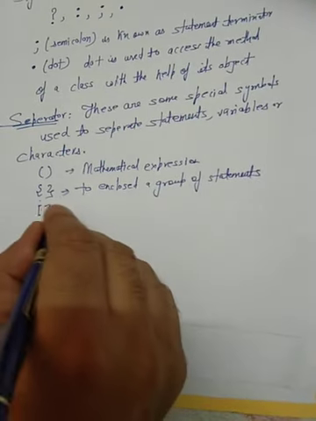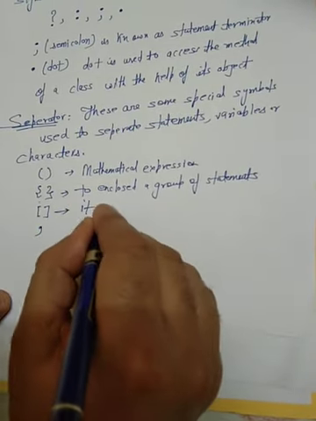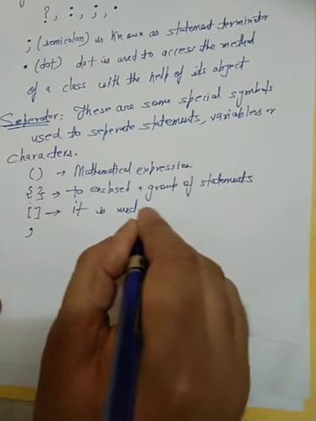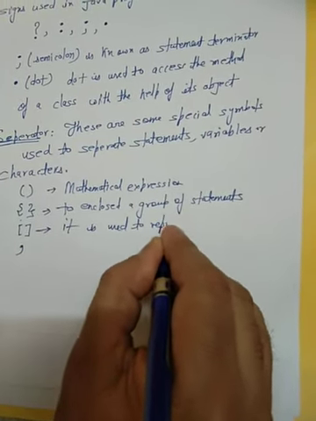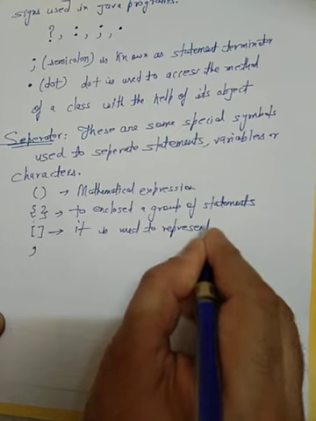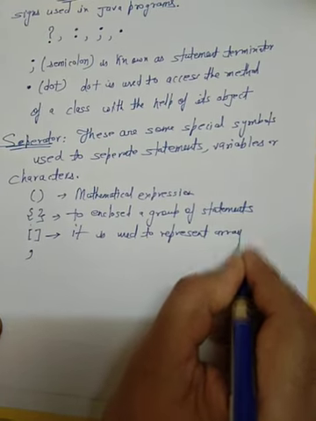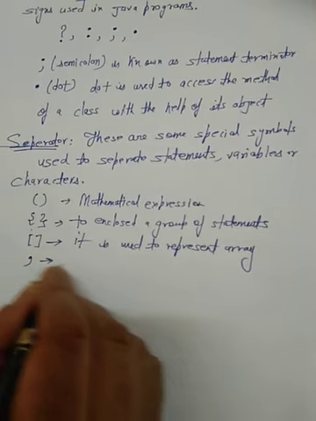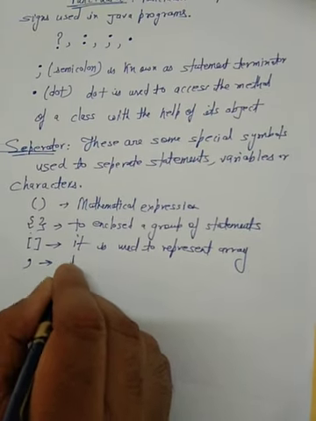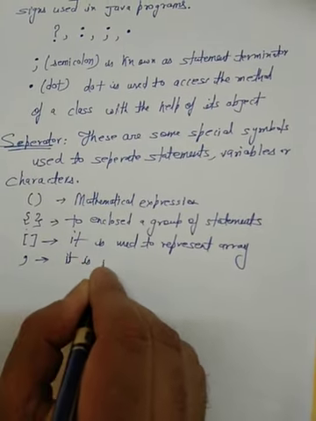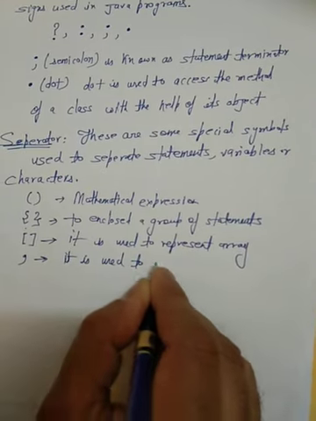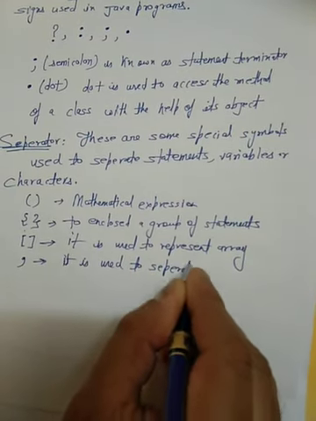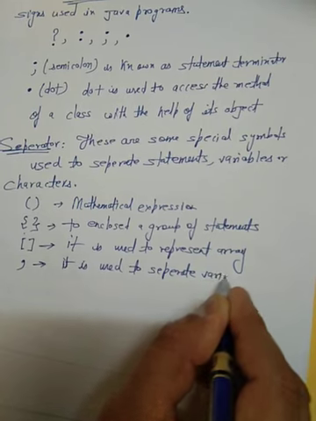Next is square bracket. It is used to represent an array, and comma is used to separate variables.